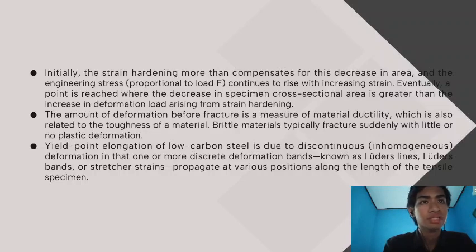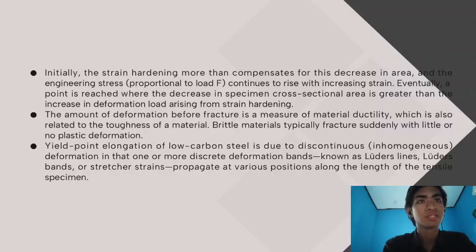Eventually, a point is reached where the decrease in specimen cross-sectional area is greater than the increase in deformation load arising from strain hardening. This condition will be reached first at some point in the specimen that is slightly weaker than the rest.